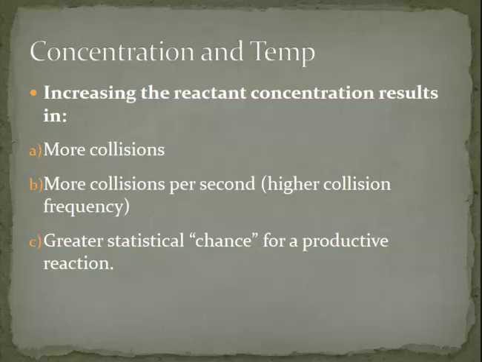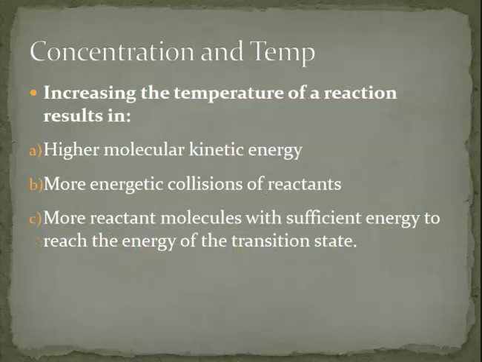To sum these up, when I increase the concentration, I have more collisions per second, aka higher collision frequency. There's just a greater statistical chance for a productive reaction. And when I crank up the temperature, higher molecular kinetic energy, there are more energetic collisions of the reactants, and more reactant molecules will have enough energy to get over that transition state.